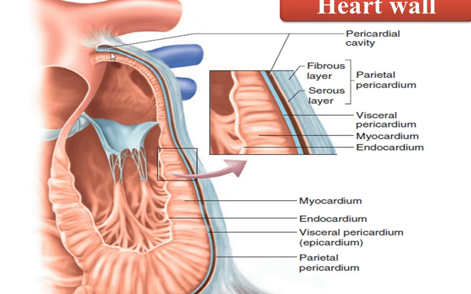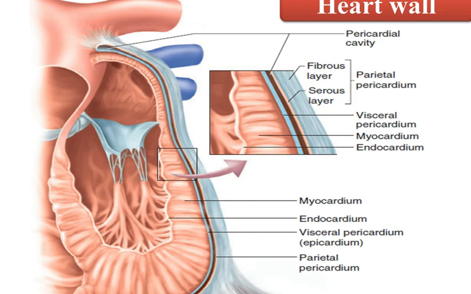And these layers, or all the heart, are enclosed by a double sac wall. This is a sac that encloses all the heart, and it is composed of 2 layers. This one we call the visceral layer, which is connected with the epicardium, and this is what we call the parietal pericardium, or the parietal layer of the pericardium.